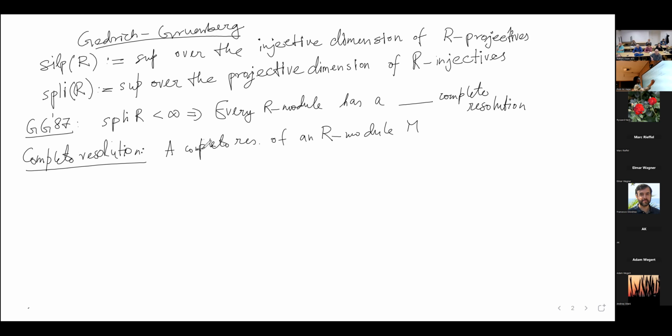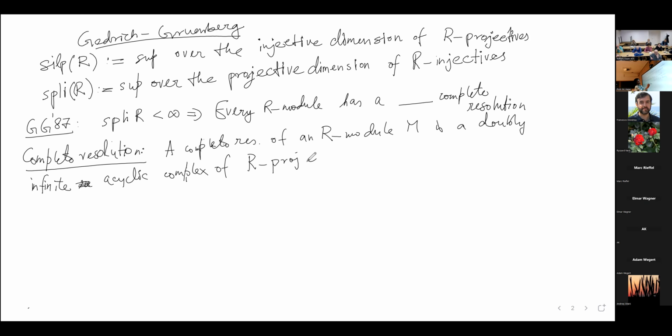of an R module M is a doubly infinite, going to infinity in both directions, acyclic complex of R projectives, which I'm just going to write like this.